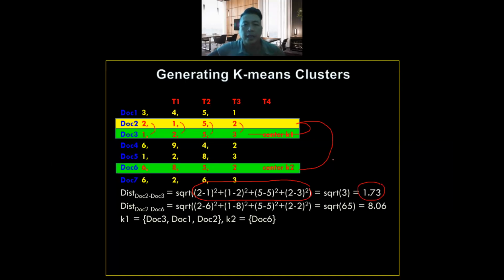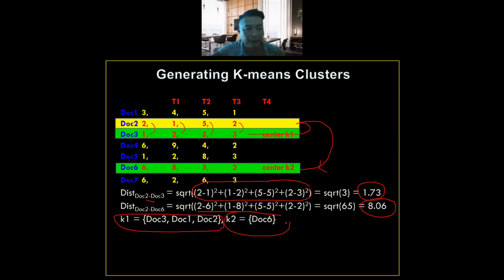Then I compare with this one, and the distance is bigger, so document 2 must be in the same cluster as document 3. So I have cluster 1 here, and cluster 2 still remains the same.